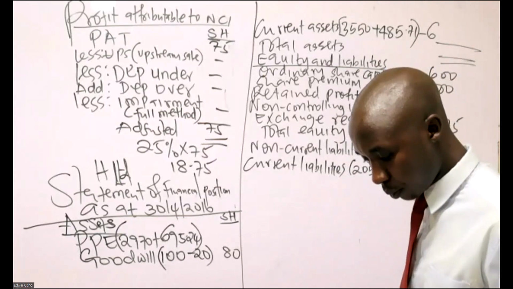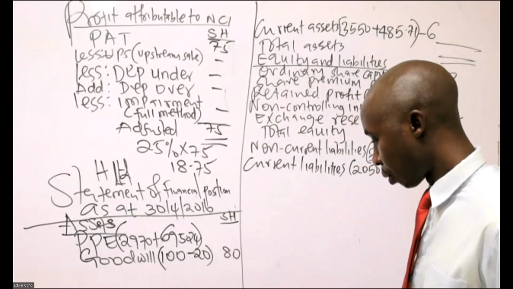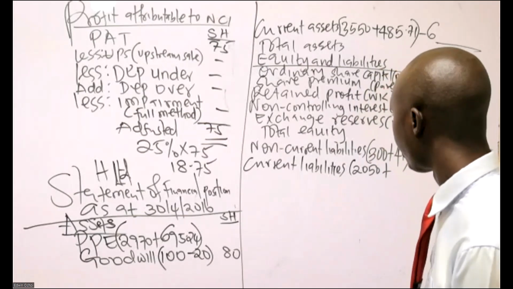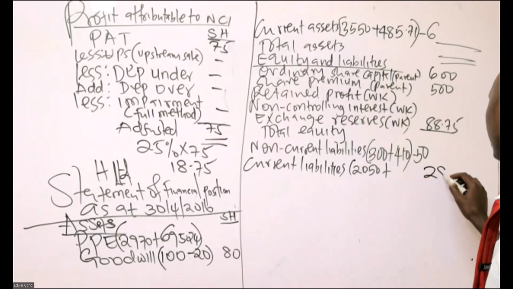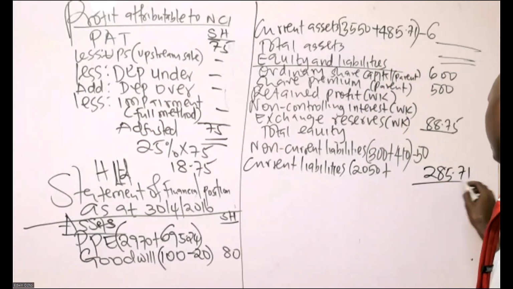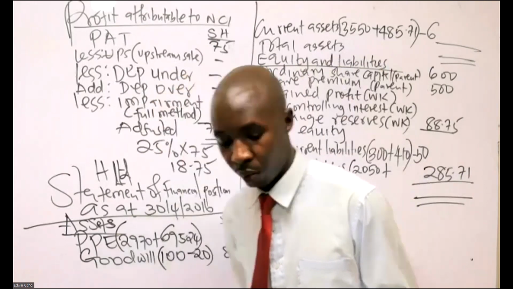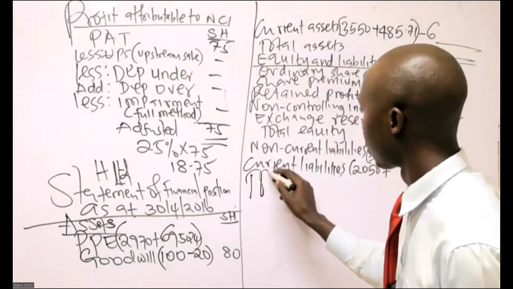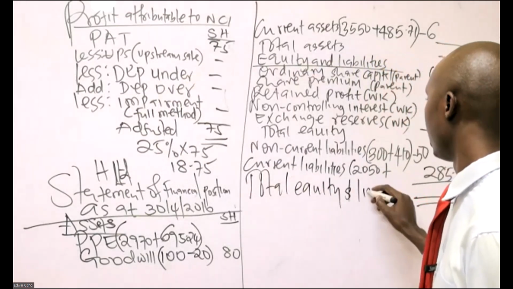The translated was 285.71. Total equity and liabilities.